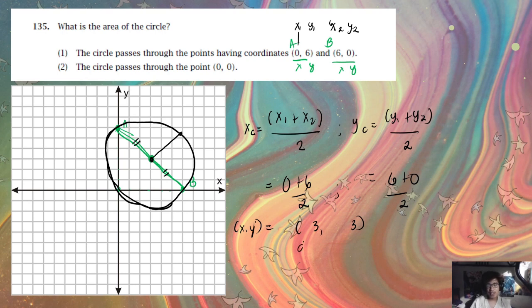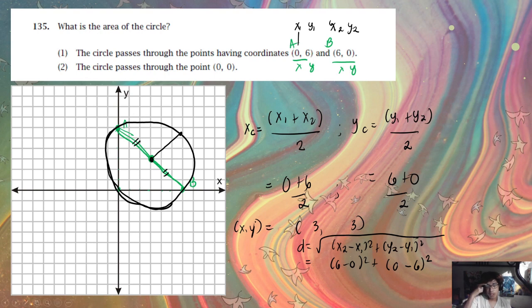And that's going to give us again the square root of x sub 2 minus x sub 1 squared plus y sub 2 minus y sub 1 squared. We try to substitute our given values here. So that's going to give us 6 minus 0 squared plus 0 minus 6 squared. There you go.